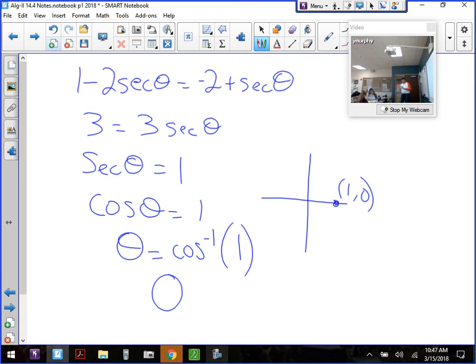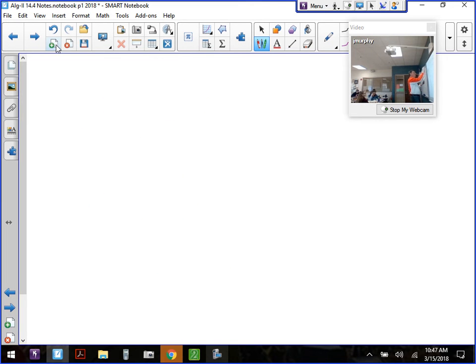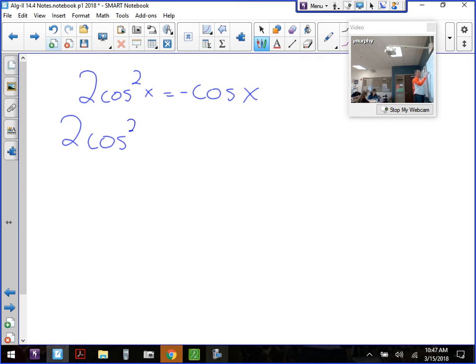Page 3 was 11 again, right? What do you do? You add cosine, right? Now this looks like the problem we did in class yesterday. What do they have in common?